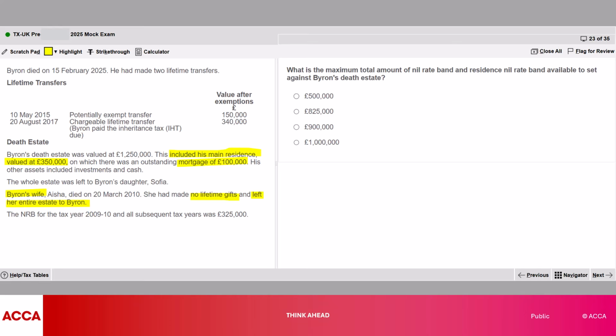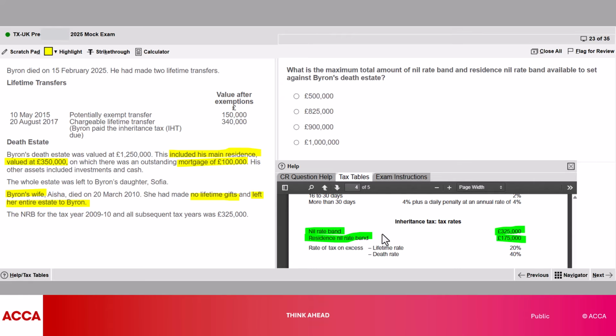So we can actually transfer her nil rate band, and if she hasn't used any of it, we can get the full 325, and we can transfer her unused residence nil rate band as well. So these are given in the tax tables: the nil rate band 325, the residence nil rate band of 175,000.